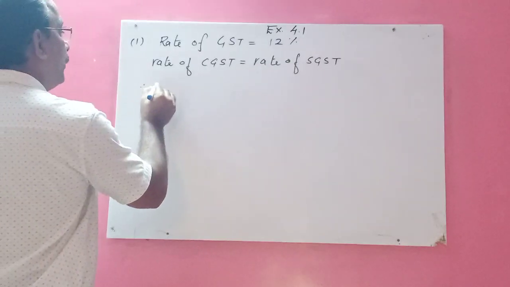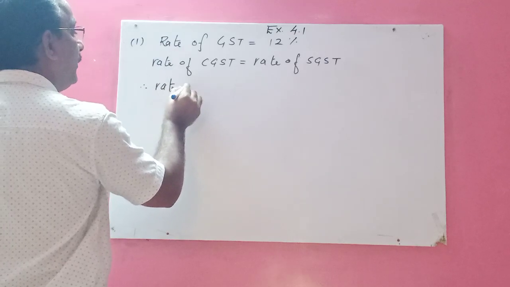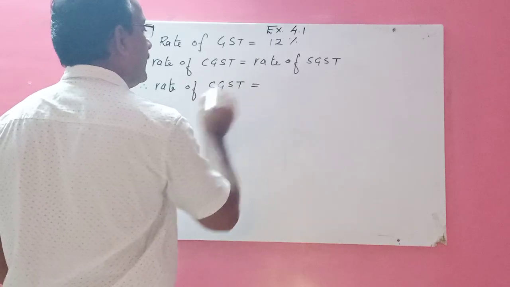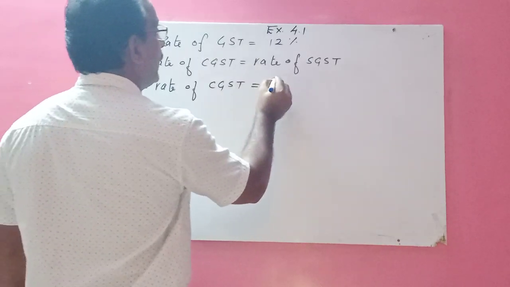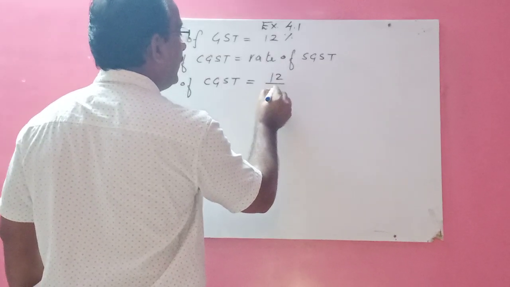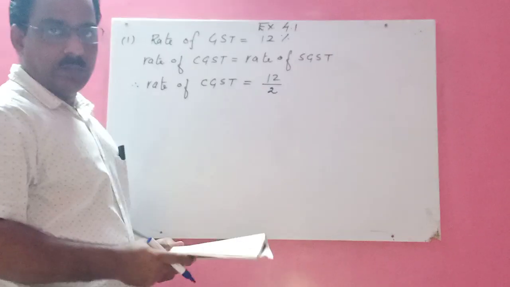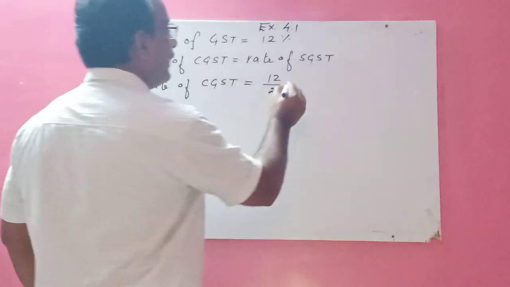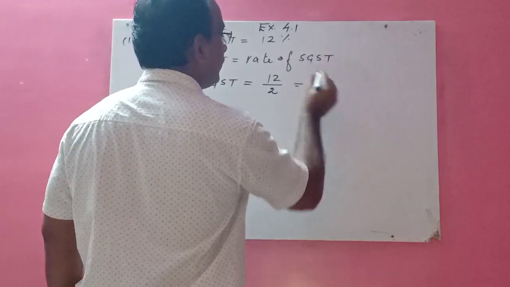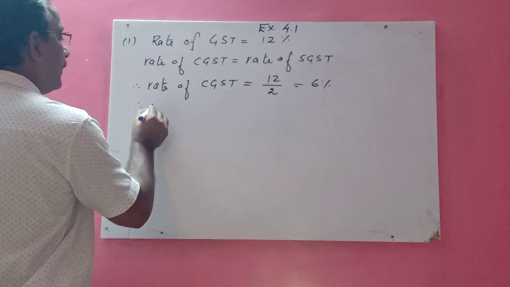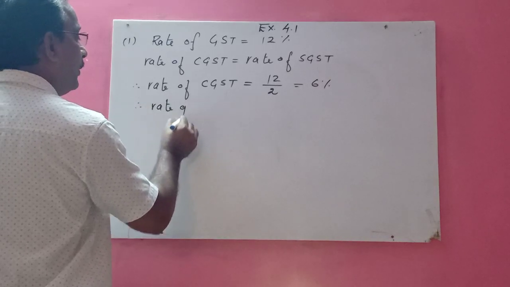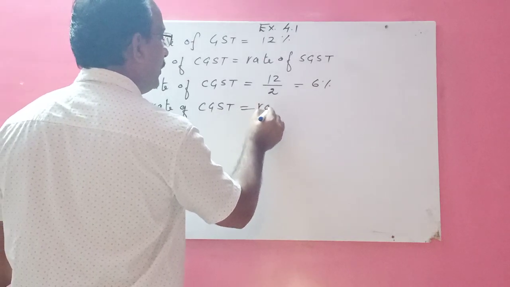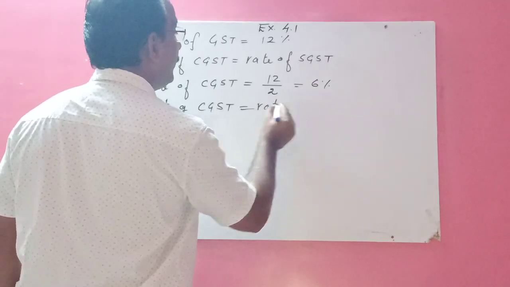So therefore rate of CGST is equal to 12 divided by 2. Got it? 12 divided by 2. So how much will you get here? 6%. So therefore rate of CGST is equal to rate of SGST.